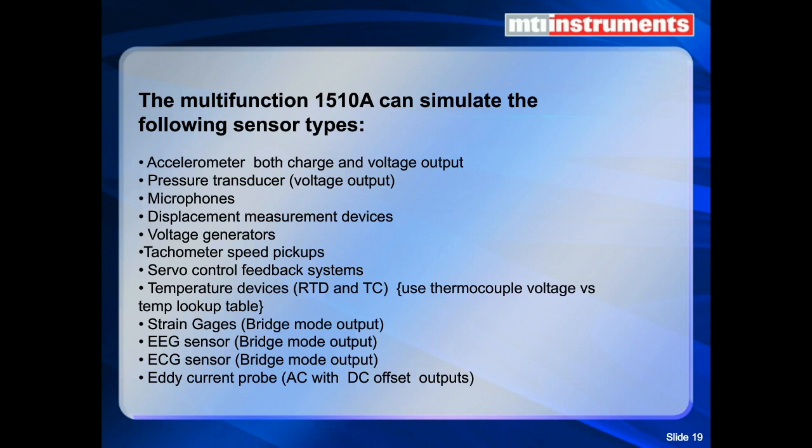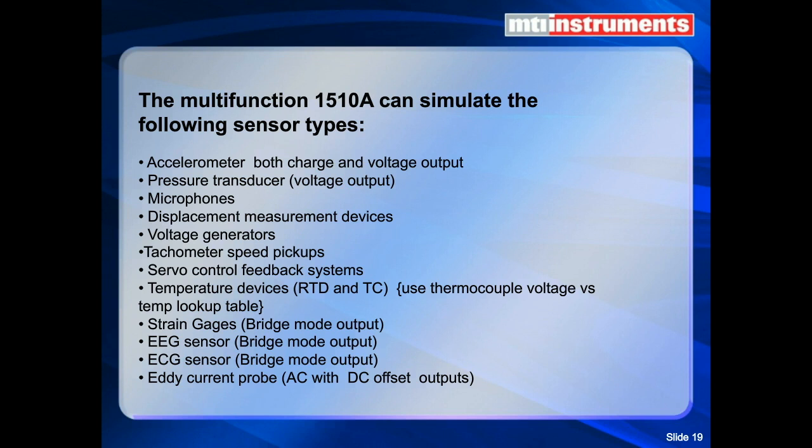Strain gauges, we saw an example of that. What's significant with our signal generator or signal simulator here is that we have bridge mode output, which is a very precise way of generating differential voltages down to the microvolt level, which will be important for the next two examples, EEG, ECG.